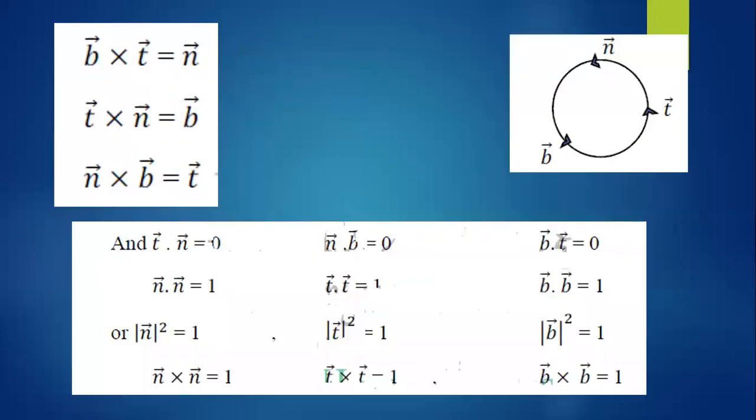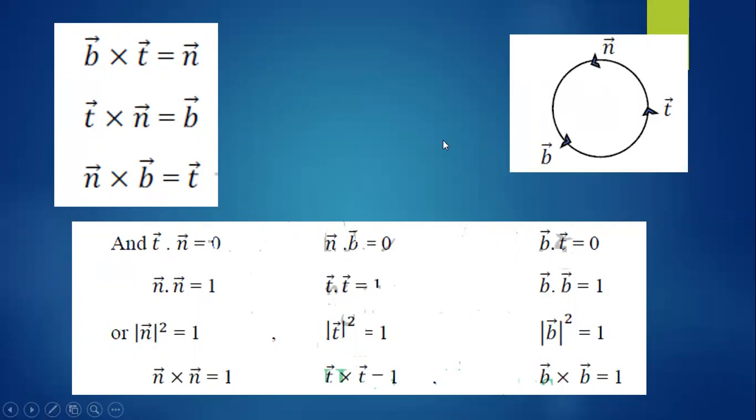From basic vector analysis, we know that if we have i, j, k, three coordinates, similarly we have t, n and b in cyclic order.